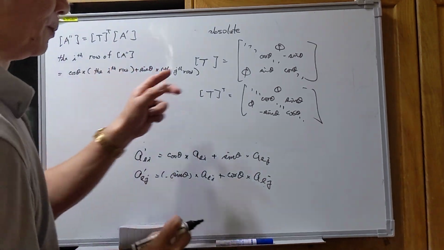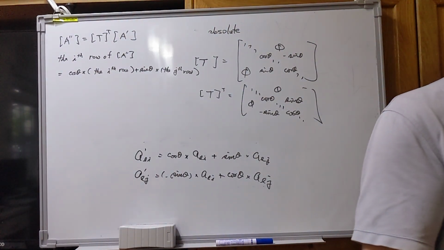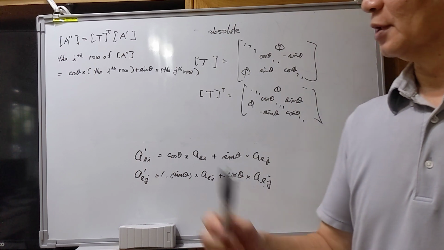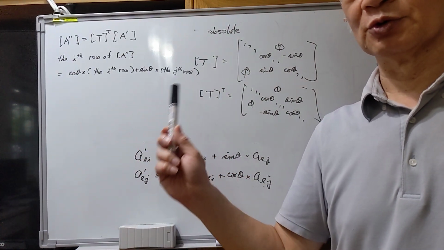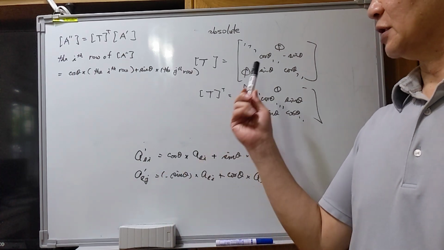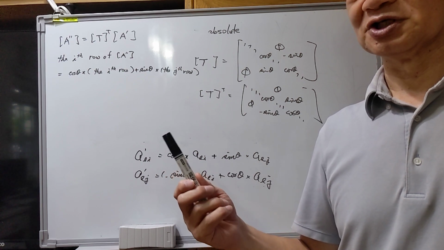Okay, so if we pre-multiply the T transpose to the A prime, only the ith row and the jth row will be changed. All other elements are the same as the original matrix.